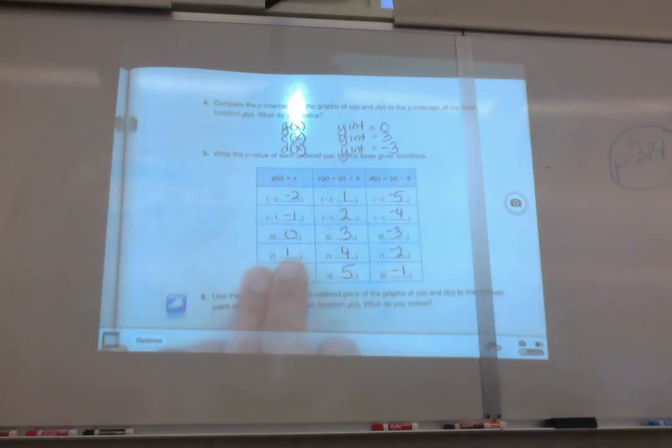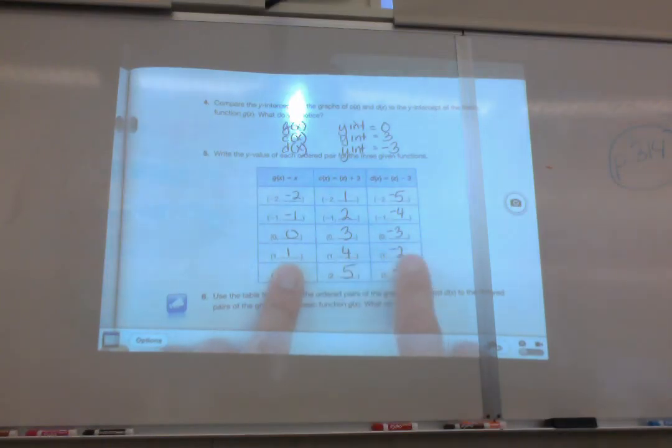Okay, how about this? When x is 1, straight across. Here's the basic function. How does 4 compare to 1? Is it bigger or smaller? 3 bigger.